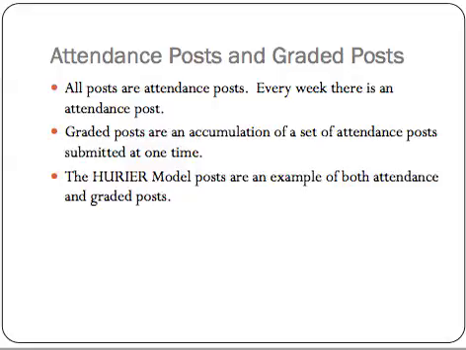When you reach the final week where you submit the final part of the Hurrier model, it's not only an attendance post that week, it is also the graded activity. What you do is you gather together all the previous posts from the Hurrier model, which hopefully you've saved in a Word document. You go back through and you make final edits. That is, maybe you had an answer that wasn't well worded, so you go back and you fix the wording.